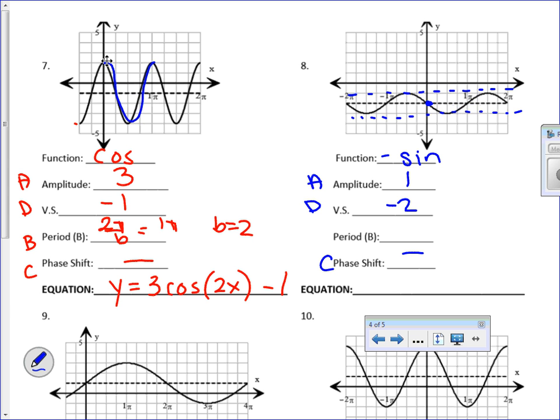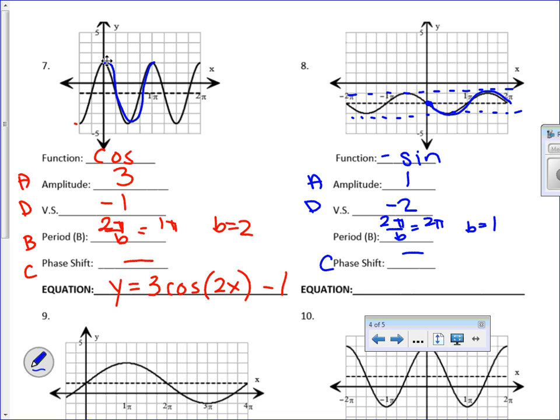1. And then you highlight one cycle of sine. Sine should start in the middle and end at the middle. So that means I make it to 2 pi. So is that different than normal? No. So if you did 2 pi over b is equal to 2 pi, b has to be 1.